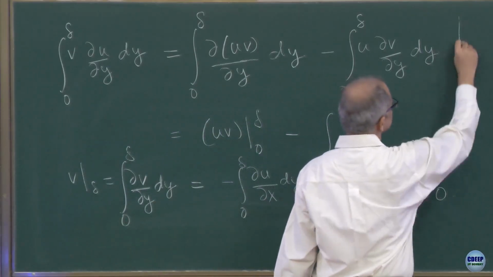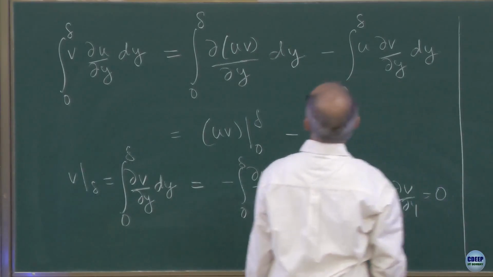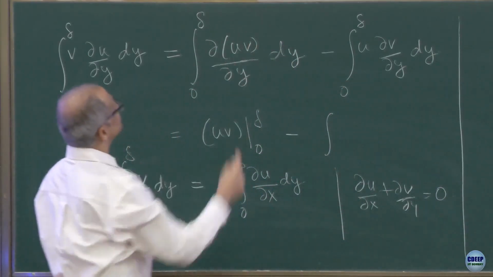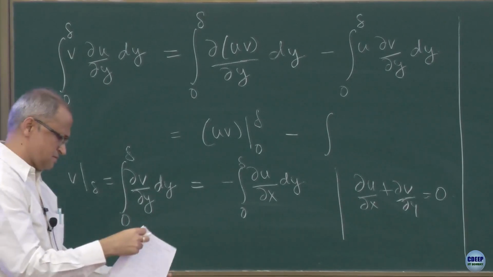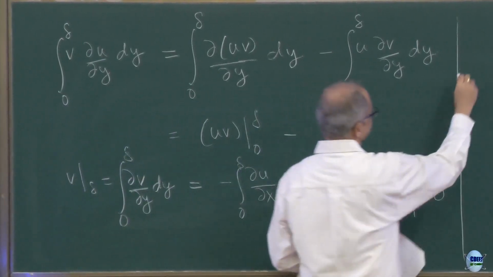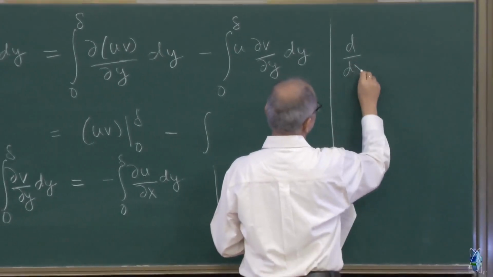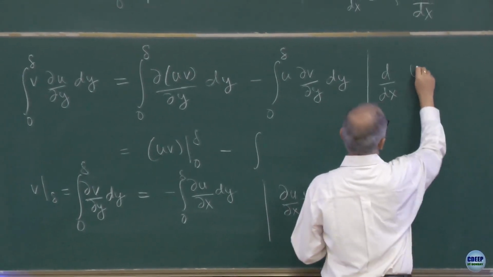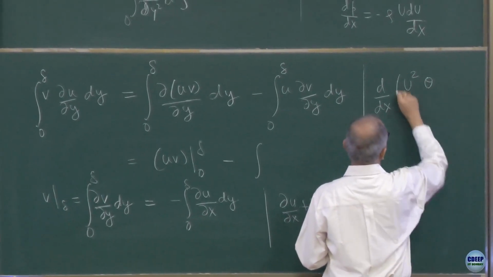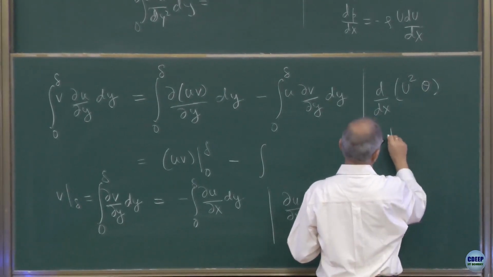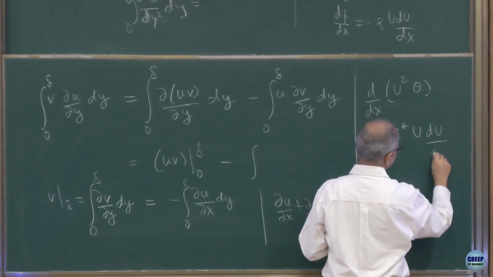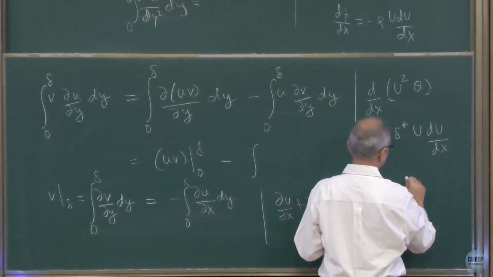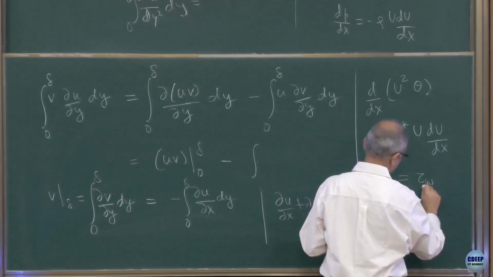So these were some of the key steps that we did. And once we did all this and put everything into that momentum equation that we have, we got an equation which looks like d/dx of (U squared times theta) plus delta star times U dU/dx is equal to tau_w upon rho.